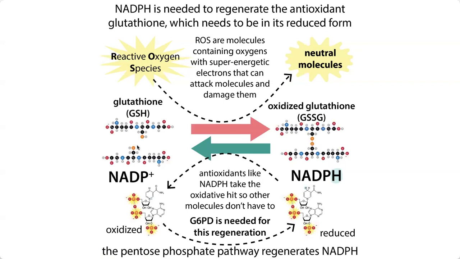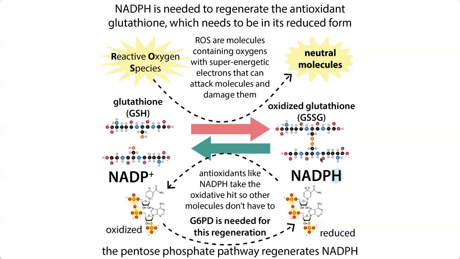This is reduced. How do you go from reduced to oxidized? Well, reactive oxygen species react with the glutathiones, and the glutathiones then become oxidized. This is helpful for your cells because it's preventing those reactive oxygen species from interacting with other molecules.